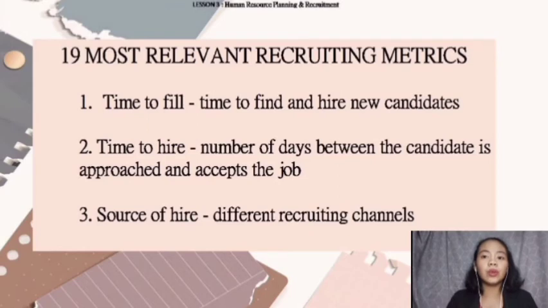This metric is also called time to accept. A shorter time to hire often enables you to hire better candidates, preventing the best candidates from being snatched up by a company with a shorter time to hire. It also impacts your candidate experience, as nobody likes a recruiting process that takes a long time.